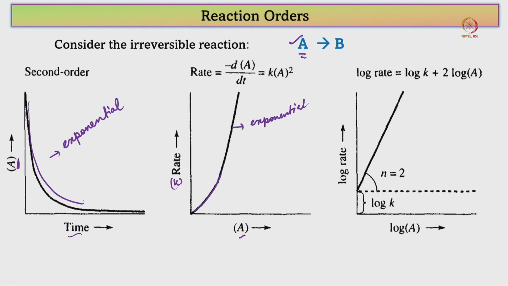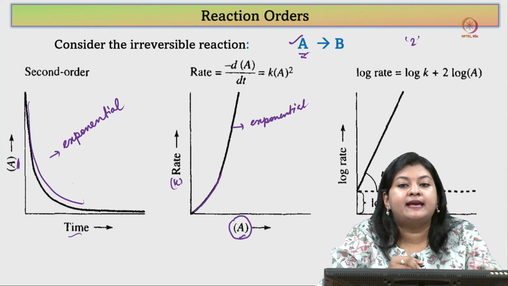For those components, we say that the reaction order with respect to that component is 2. This is a second order reaction in terms of that particular component A. That means if I increase the concentration a little bit, my reaction rate will increase exponentially.